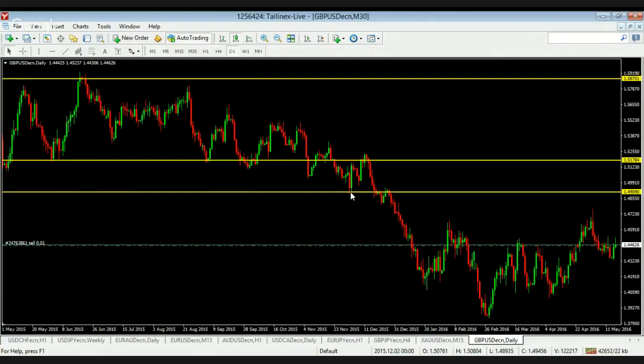So I found a simpler way to make everybody's life much easier. With just two lines on just two of your time frames, you don't have to do it on every single time frame. It's going to be much cleaner, and you can literally just trade off of those zones. All right, so that's what we're going to do.